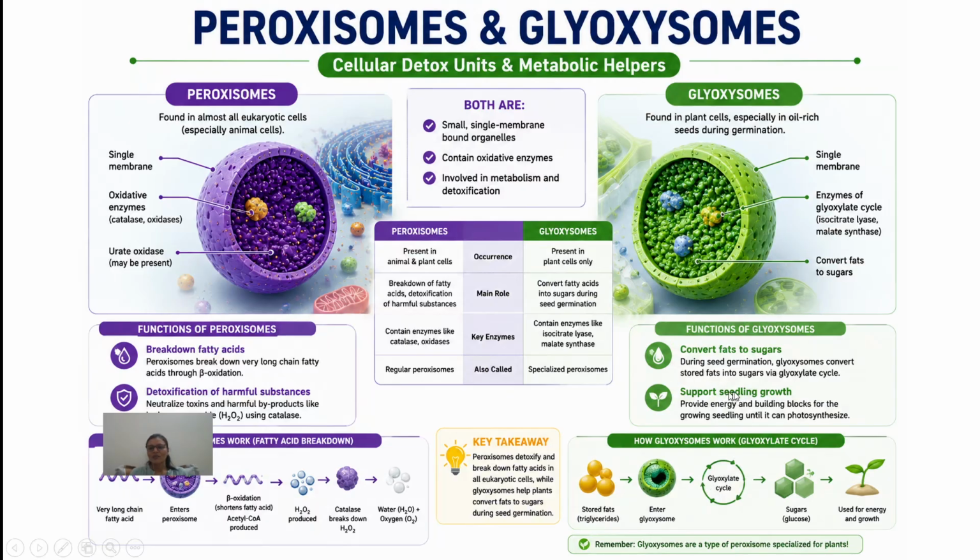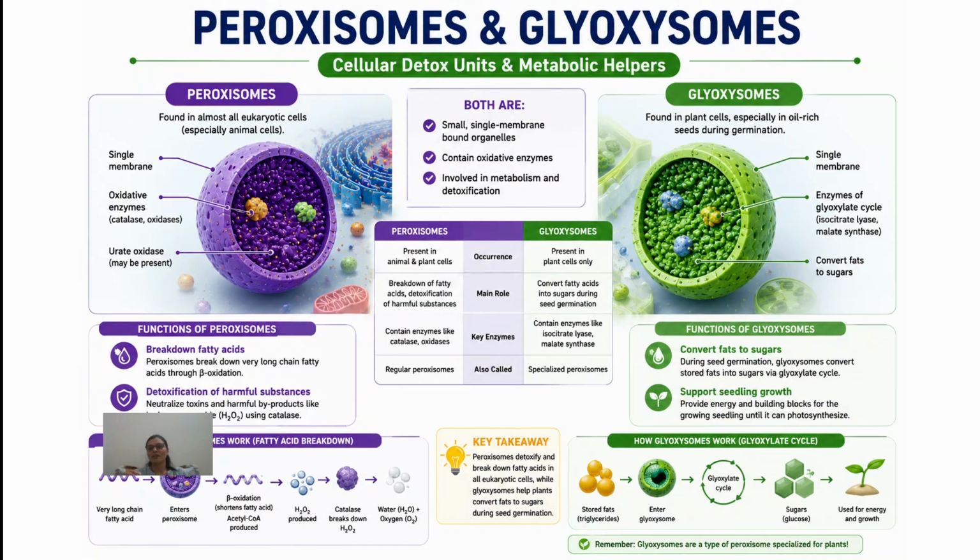It also supports seedling growth. It provides energy and building blocks for the growing seed until it can photosynthesize. As we know, when we sow a seed, we cover it with soil, so during that time no photosynthesis starts. In the beginning the glyoxisome is useful for germination.